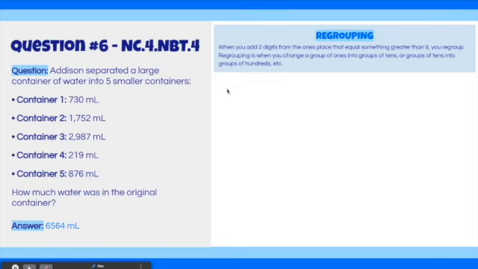Okay, so 2,987, 1,752, 730, 219, and 876. So these are the amount of water in each of the containers. So we're adding all of these together.